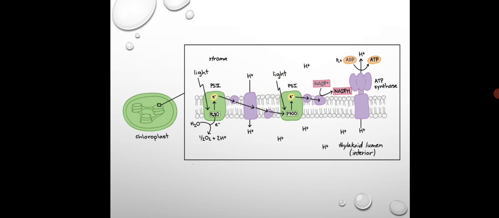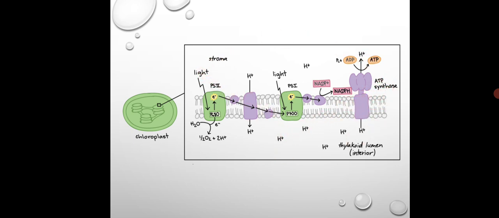We have shown that it consists of photosystem 1 and photosystem 2, and at this thylakoid membrane the electrons flow. When there is flow of electrons, there is pumping of H plus ions, and these H plus ions accumulate and are driven into the ATP synthase, which generates ATP.